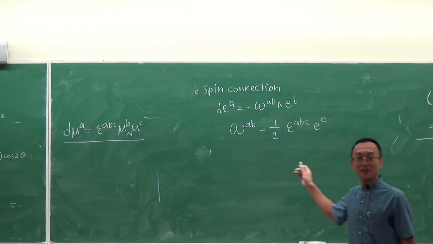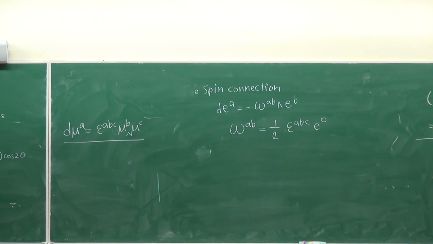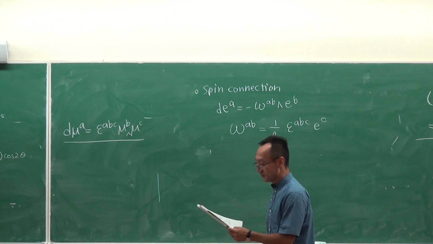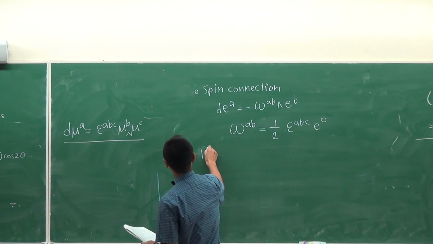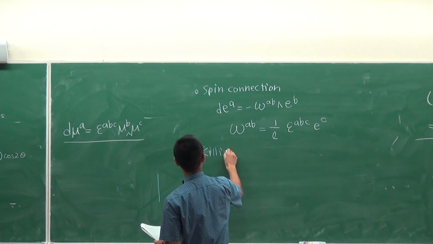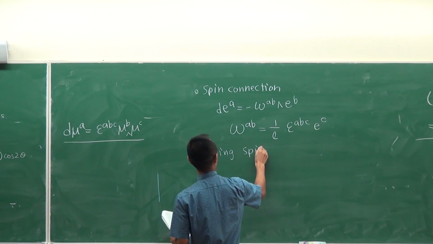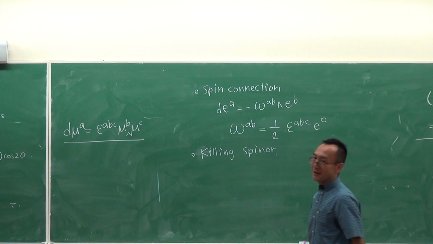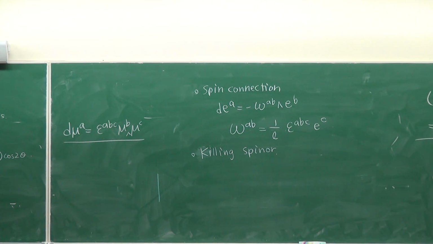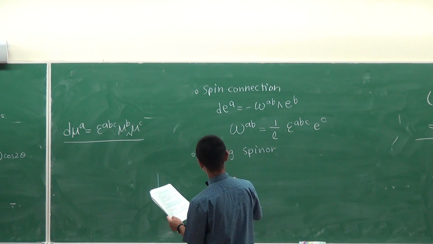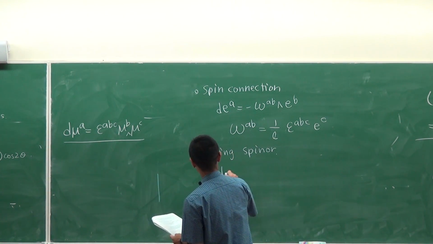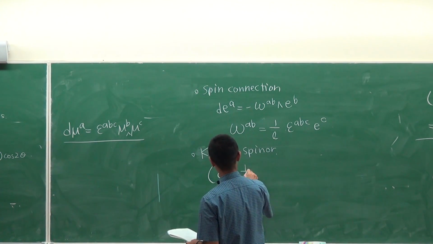Since now we have the expression for the spin connection, we can talk about the Killing spinor, and I can show you the explicit solution to the Killing spinor equation. The Killing spinor equation takes this form.